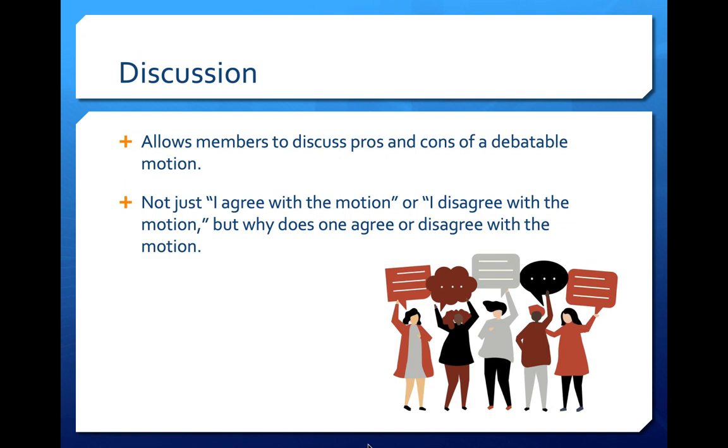It actually should give a reason. I agree with this person because maybe we shouldn't go to Broad River Greenway because I don't like snakes and I don't want to accidentally walk upon a snake. So our discussion should actually be focused around what's going on with that particular motion, but should be more than just I agree or I disagree. Tell us why.